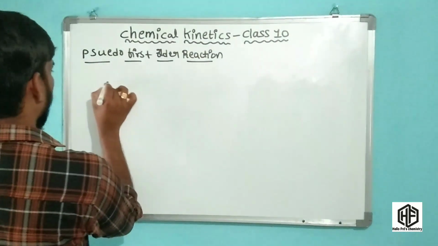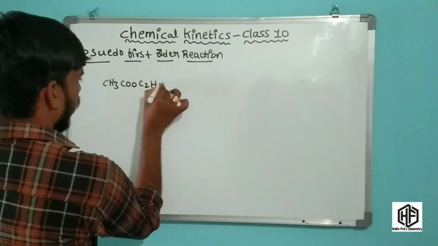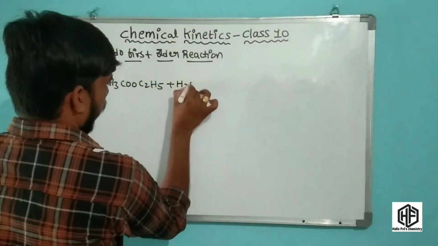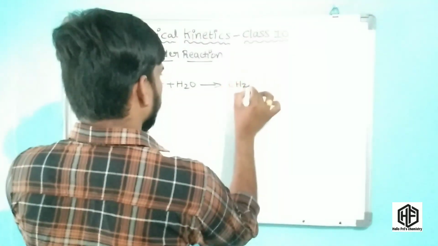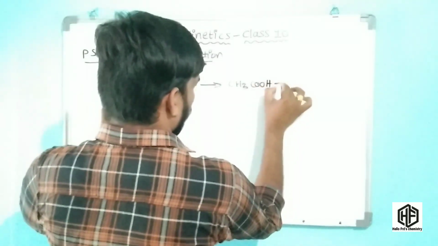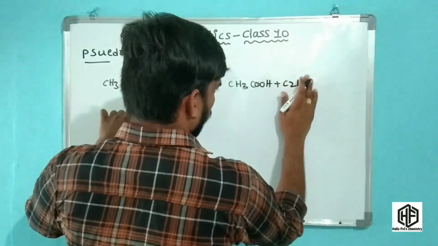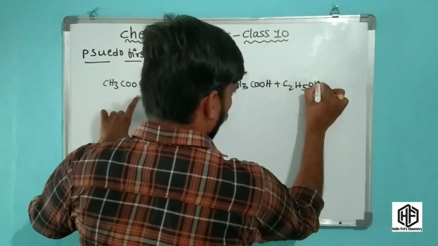The reaction is CH3COOC2H5 plus H2O gives CH3COOH plus C2H5OH.